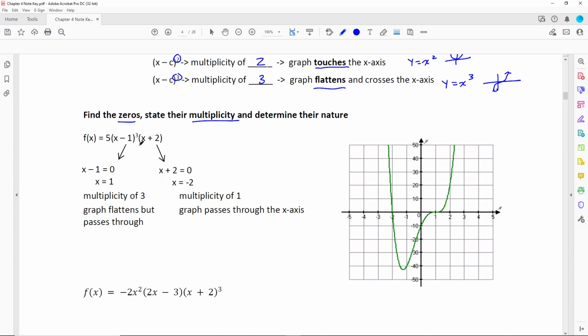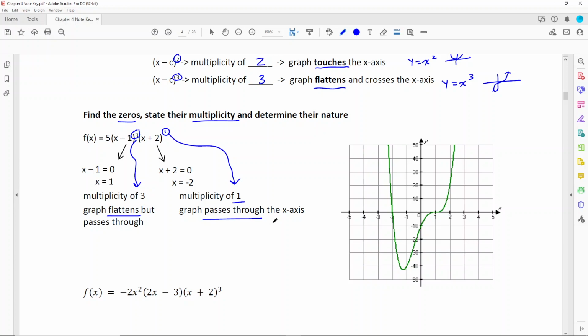X equals 1 has a multiplicity of 3, okay, which means the graph will flatten but cross through the x-axis. This x-intercept of -2 has a multiplicity of 1, so it will cross through the x-axis or pass through the x-axis. I don't care what language you use.